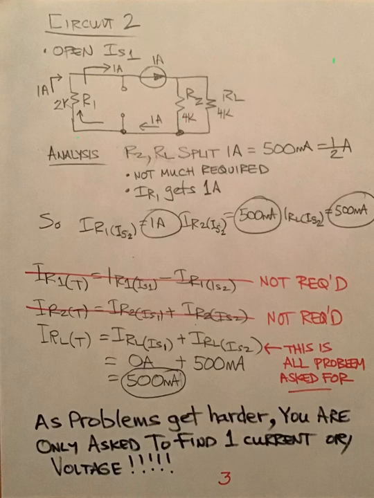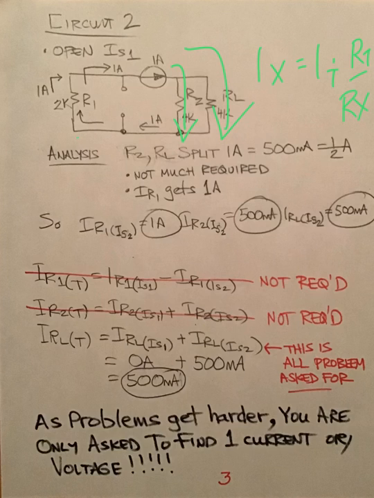Well, the current in the load is split amongst two 4K resistors, and if it wasn't, you would have to do the current division formula to figure out the split. But they're identical.